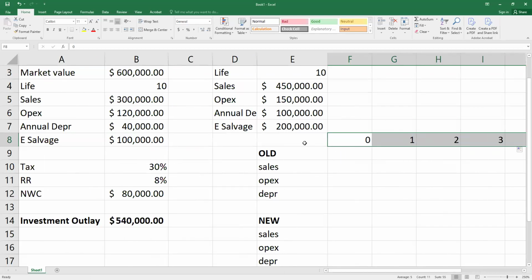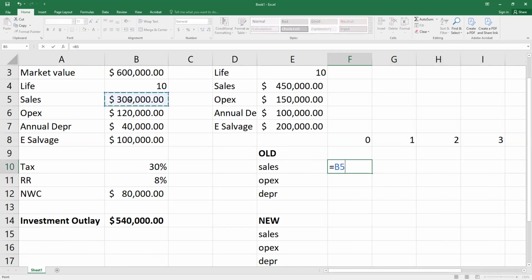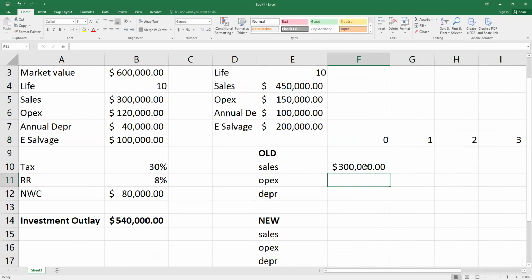Okay. So my sales is 300,000. Fix it because all years are the same. OPEX is 20. And my depreciation is 40,000.